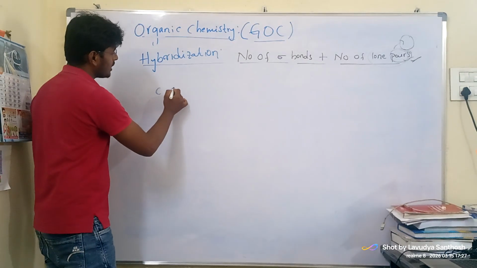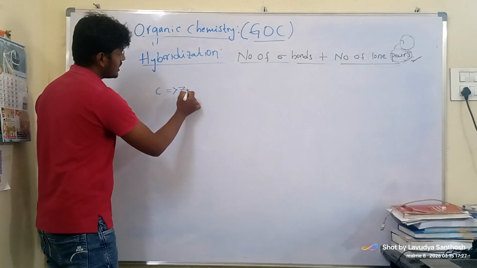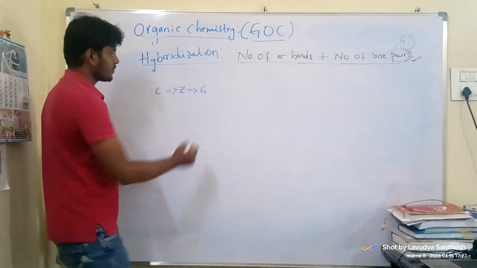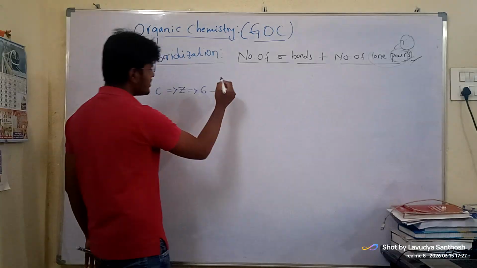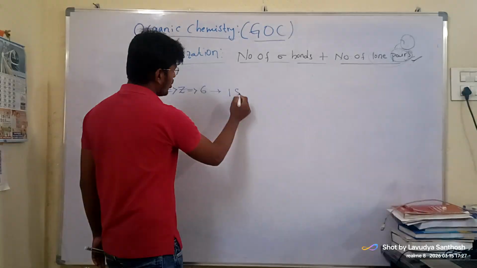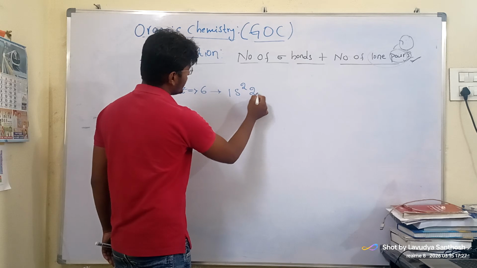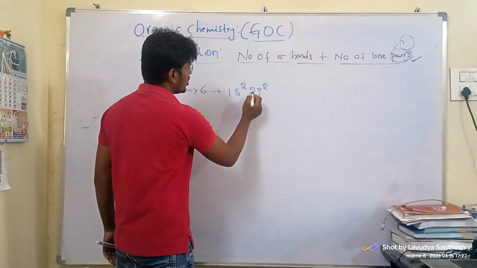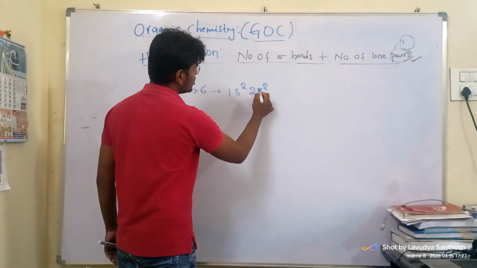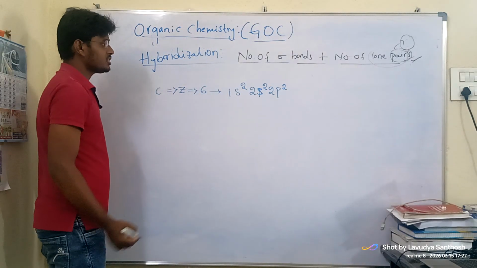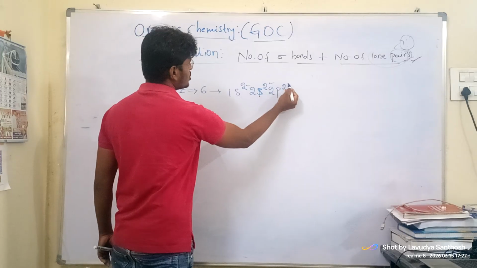Take carbon. What is the atomic number? Z of carbon is 6. As we discussed in our previous video, the configuration is 1s2, 2s2, 2p2. This is 6: 2 plus 2 plus 2, 6.